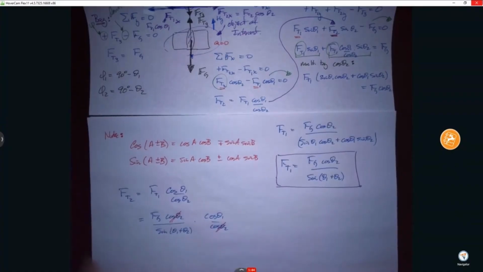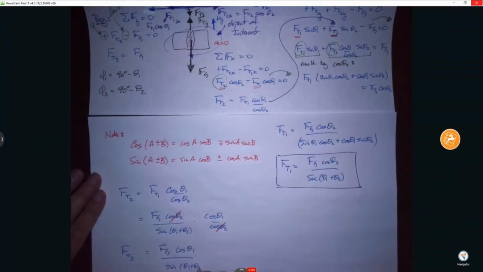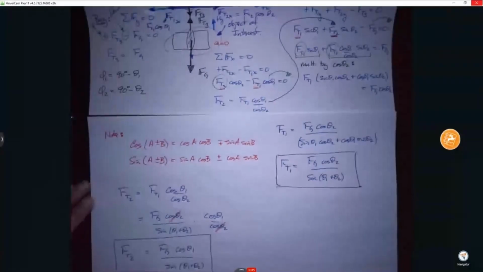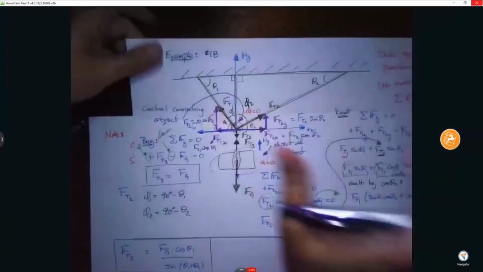So those cancel, and then the expression for force tension 2 is that Fg value times, in this case, the cosine of theta 1 over the sine of theta 1 plus theta 2. So this becomes the answer for tension 2. And tension 3 was just Fg. So that was this one way back here. So we were able to solve for the tension in all 3 wires in this instance.